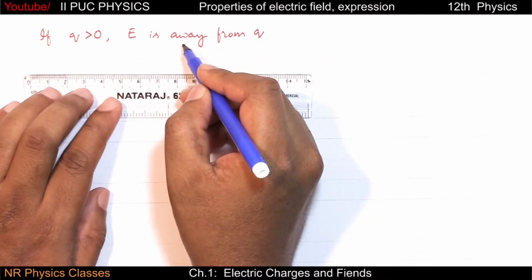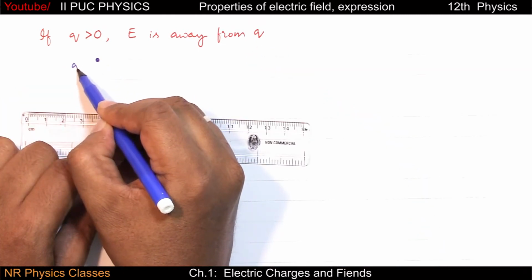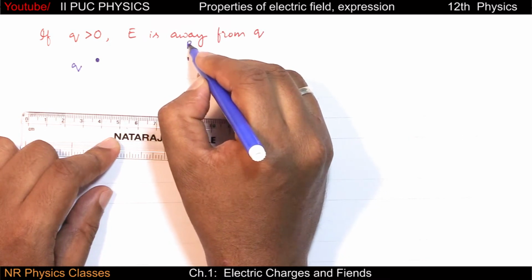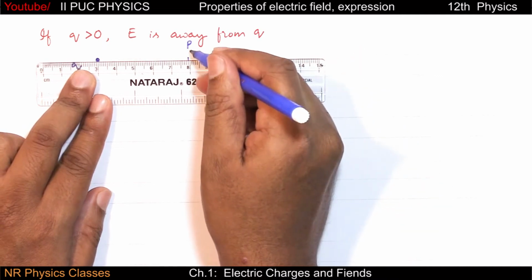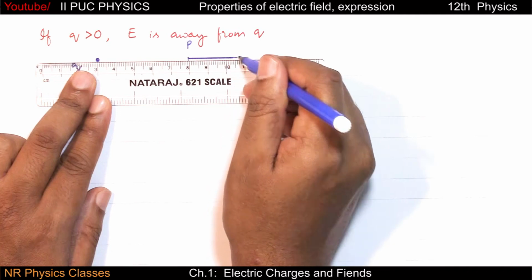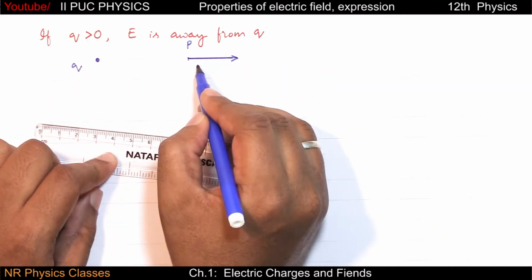These directions are important. If this is Q, the given charge, and this is point P, the electric field at point P is away from the charge if this charge is greater than 0, for a positive charge.